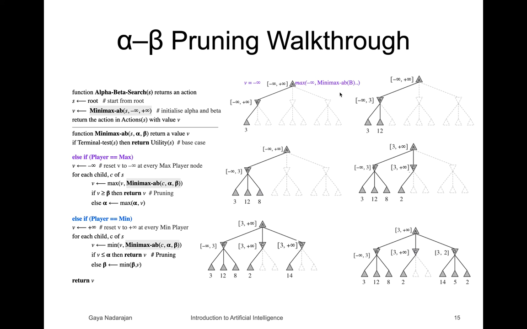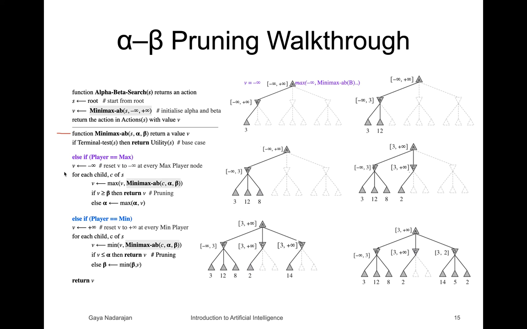And so we go to the first child, and when we are calling this, we have to go back to the beginning of our function. Okay, so now we're back here for this state here. So we call function minimax AB. Right now, the state is our new state, which is the child state B, and alpha and beta will still have the values as before, minus infinity and plus infinity.